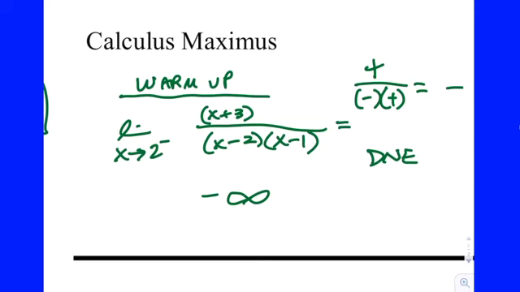The reason is that there's a vertical asymptote not only at 2, but also at 1. So if you pick a value to the left of 2 that's to the left of 1, you're way too far away. When in doubt, just pick a number that's immediately to the left or to the right, probably by a tenth, unless that lands on something a tenth away, like 1.9, but it's not.